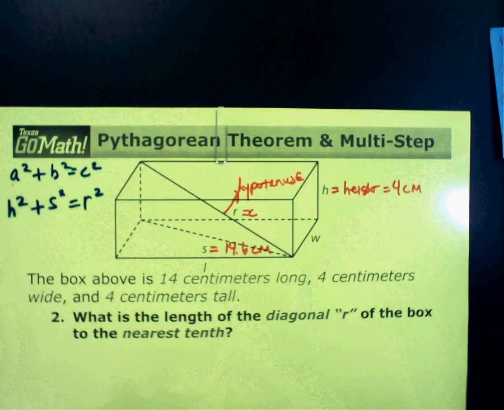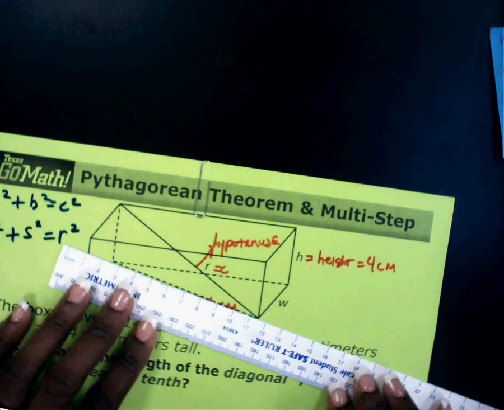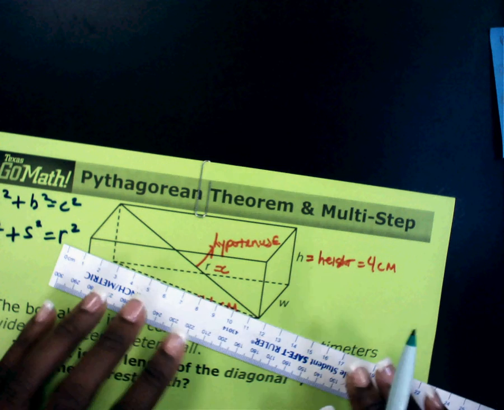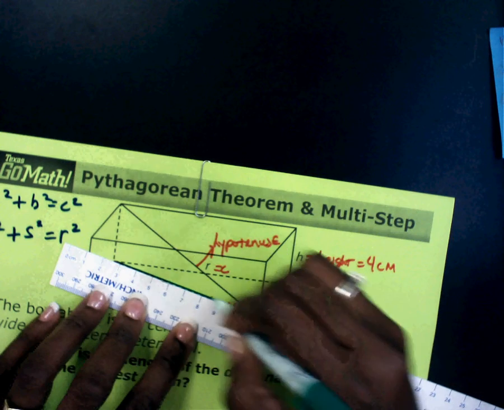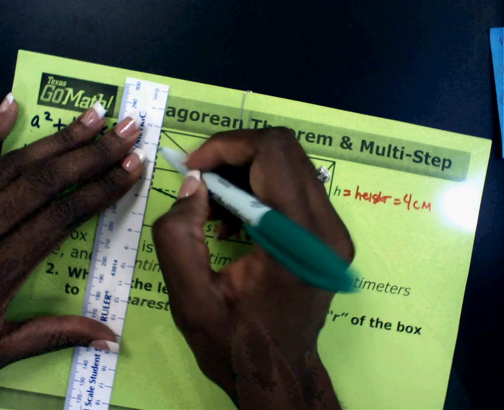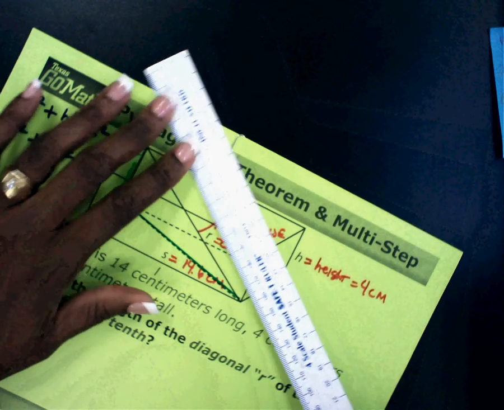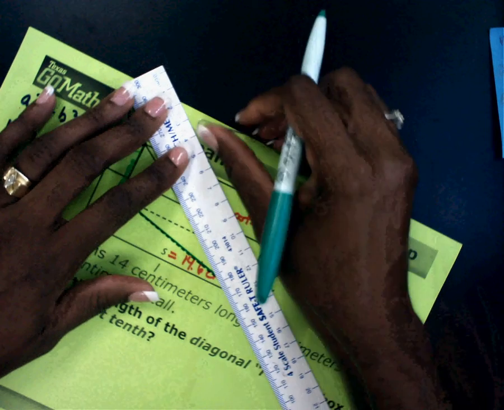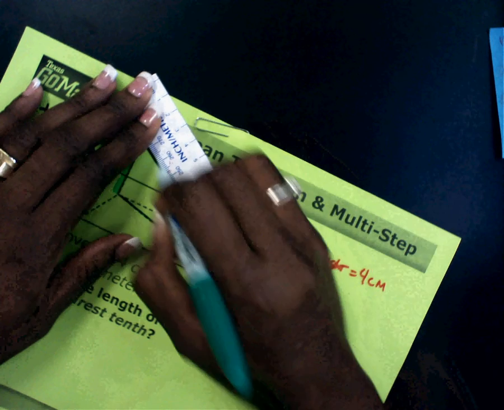I want to trace what we are referring to when we say our A, B, and C. So we'll start here. I'll do it on the inside. This is our B. This is our A. And then we have our C or R here.